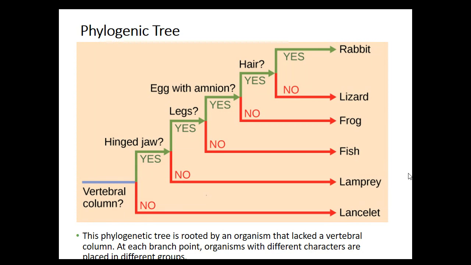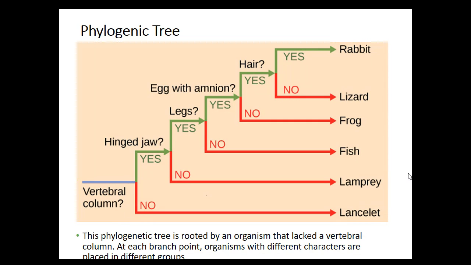This split into two populations, and one population stayed pretty much the same. This lancelet is probably pretty much the same now as it was hundreds of millions of years ago. It hasn't changed very much. But this hinged jaw appeared. And so now everything to the right of this point has hinged jaws.